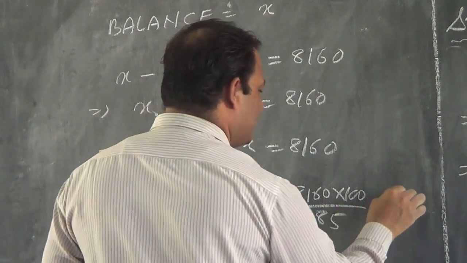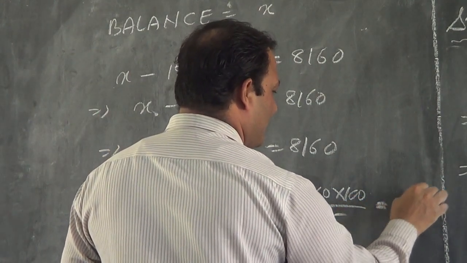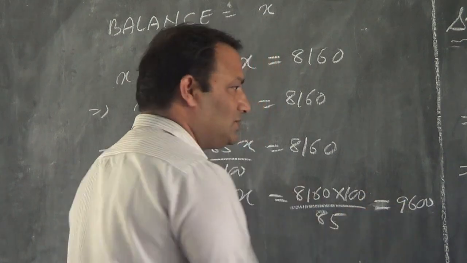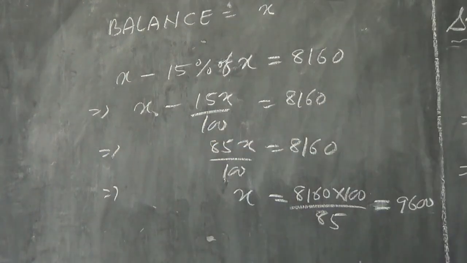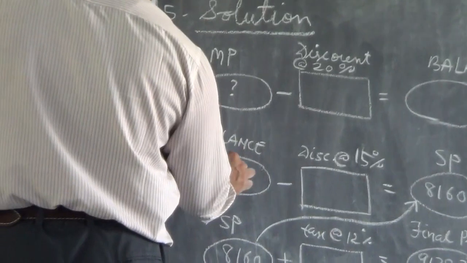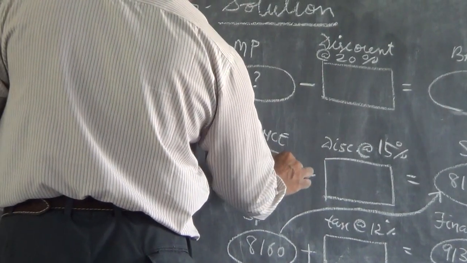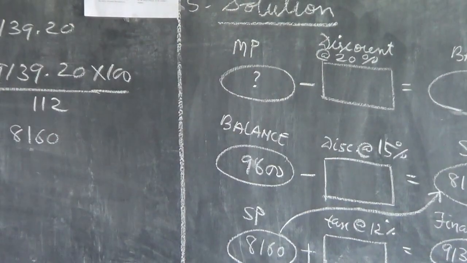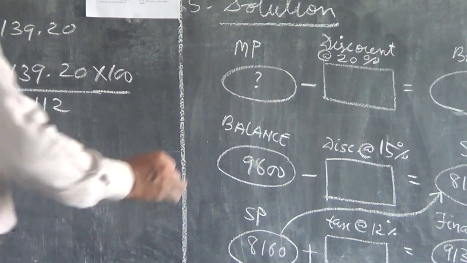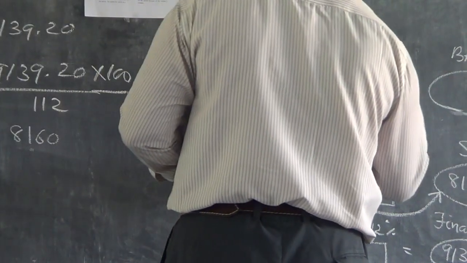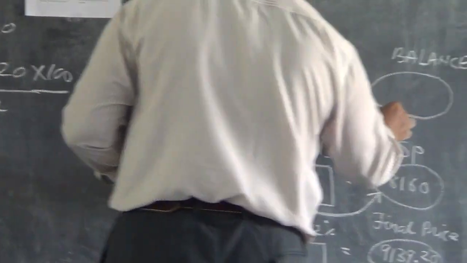Answer is 9600. So we got here, children, our value 9600. And this 9600 will again flow here.